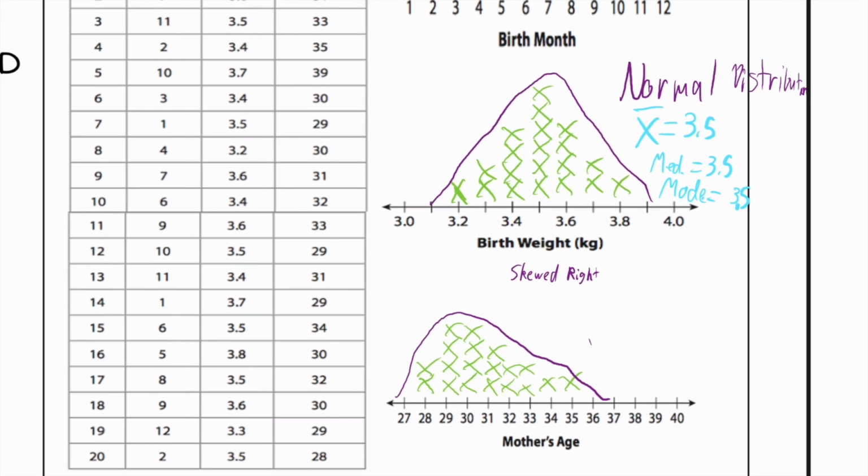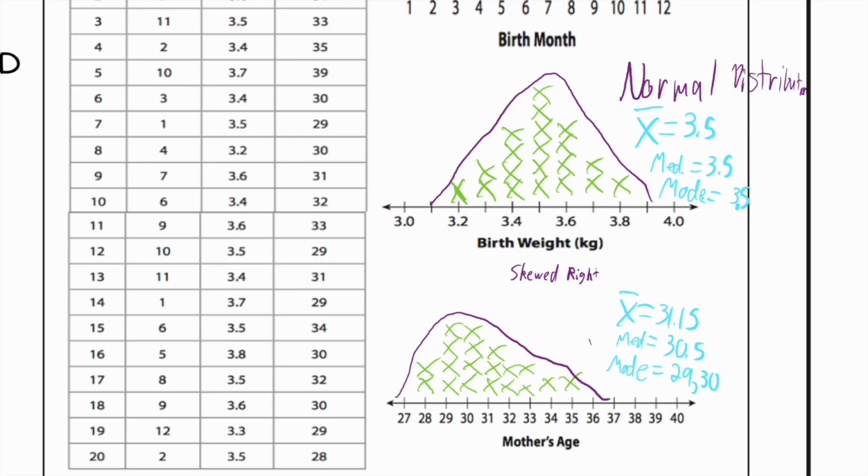And I'm going to do the same thing with mother's age because those are the two it asked me to do it for. And the mean is 31.15. The median is 30.5. And the mode is both 29 and 30.